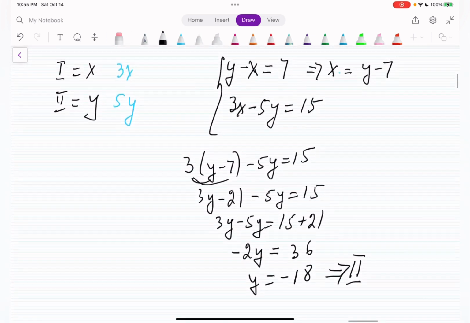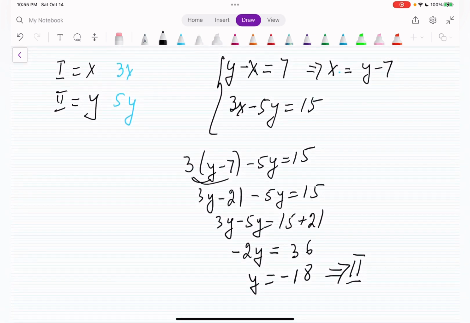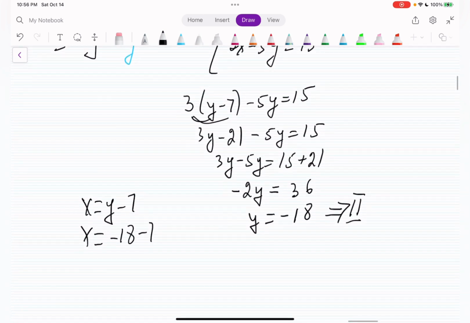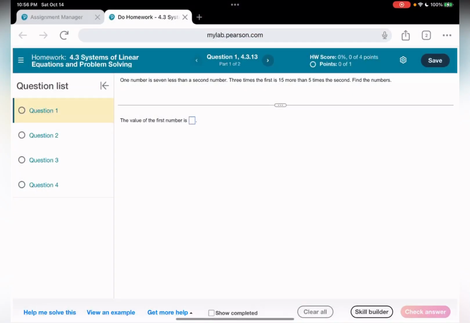Let's get the first number. First number, what do we have? x is equal to y minus 7, which means x is equal to negative 18 minus 7, and we are going to get negative 25. So let's put the first one, negative 25.